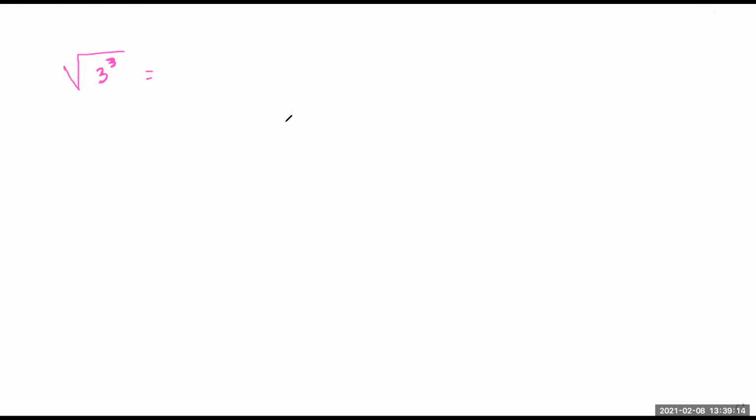Can you convert this into exponent form?